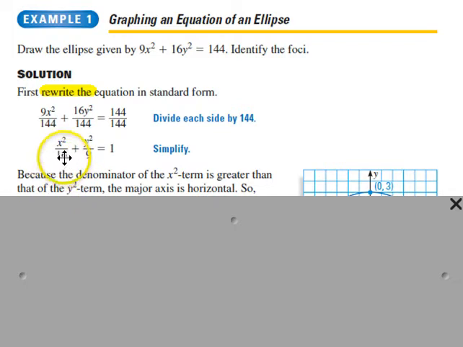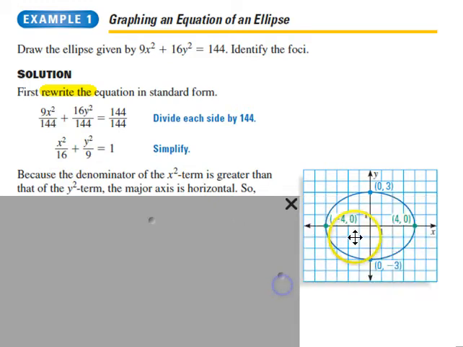In other words, you move 4 spaces right and 4 spaces left. That makes these 2 points, -4 and 4. And then along the y-axis, you move, well, what's the square root of 9? 3. You move 3 spaces up and 3 spaces down. You make those 4 dots, and then you connect them and you've got your ellipse.